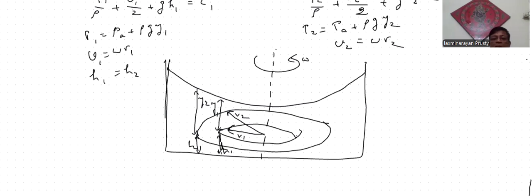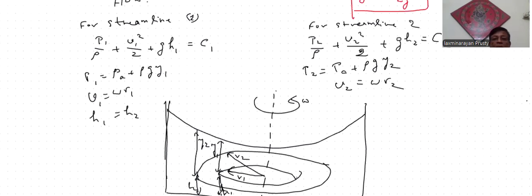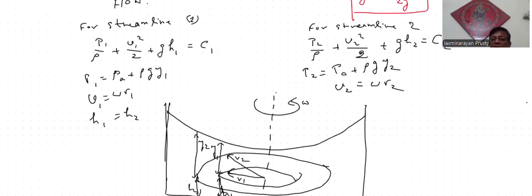So now compare C1 and C2. By comparison you get Y2 greater than Y1, which implies P2 greater than P1. R2 greater than R1 implies V2 greater than V1.